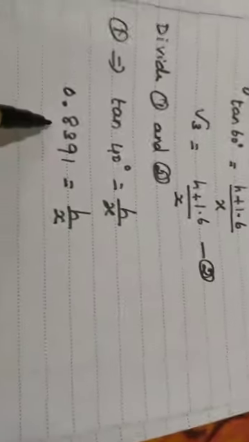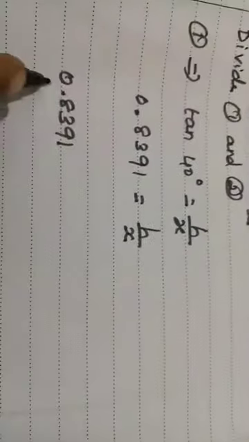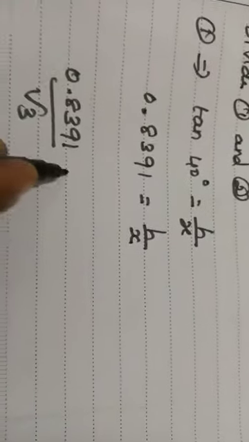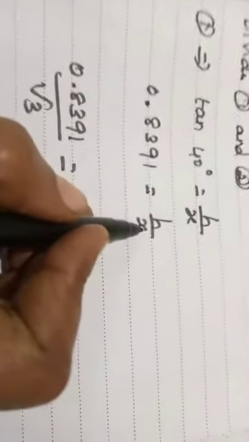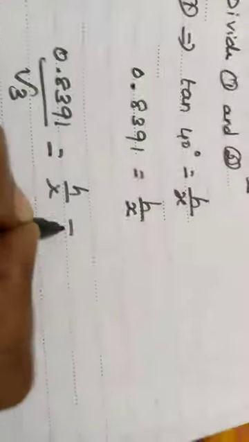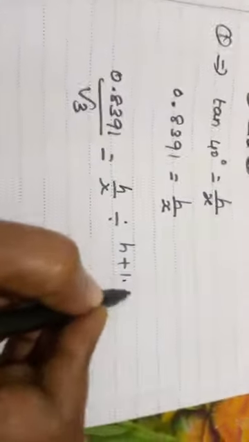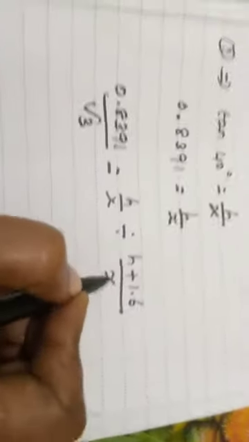So here LHS 0.8391 and LHS of equation 2 is root 3, equal to RHS of equation 1, h by X, divided by equation 2, h plus 1.6 by X.